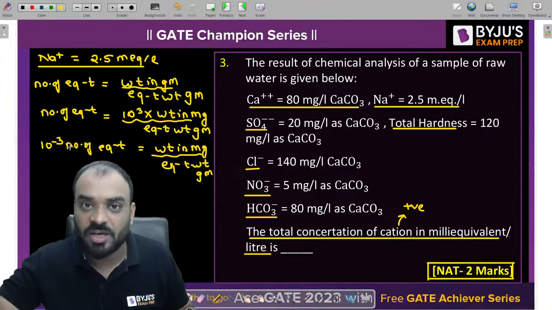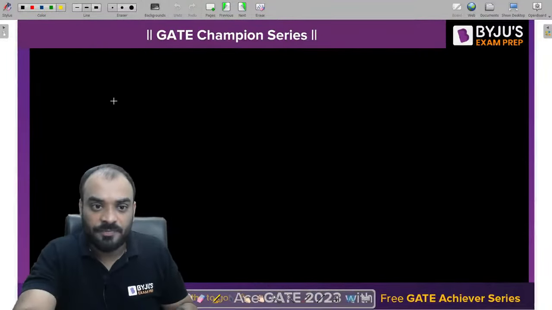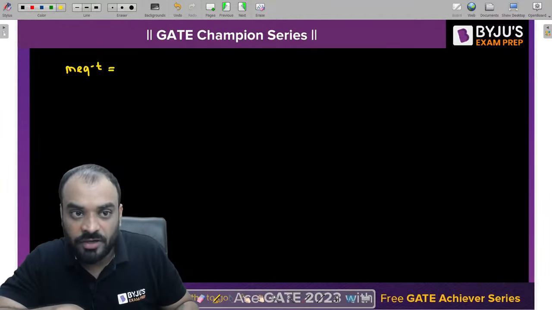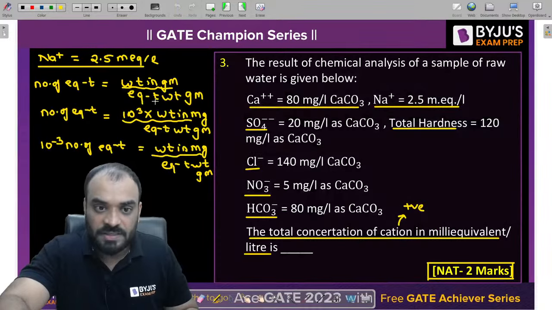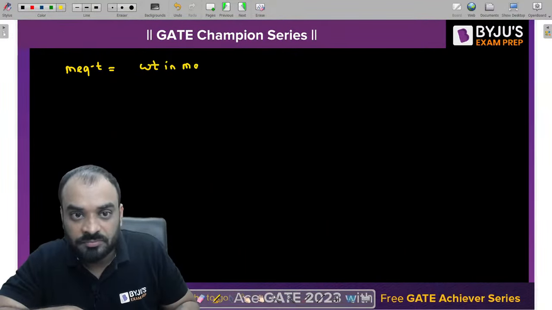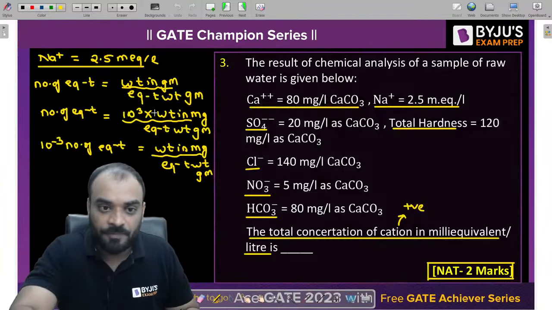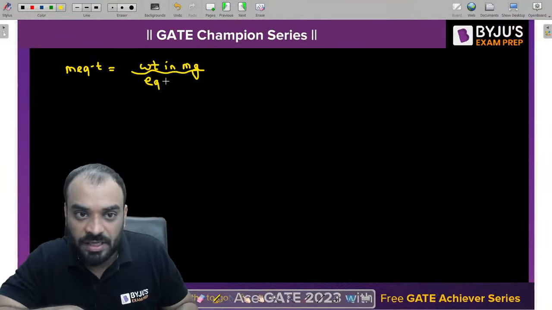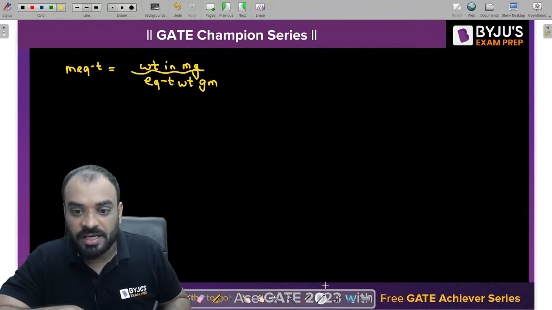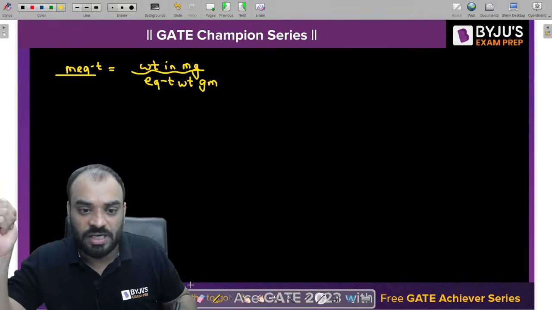Now tell me guys what this is exactly. This is milli equivalent, which is equal to weight in milligram divided by equivalent weight, which is in gram. Now I need to divide the value by liter, so let's divide both sides by liter.